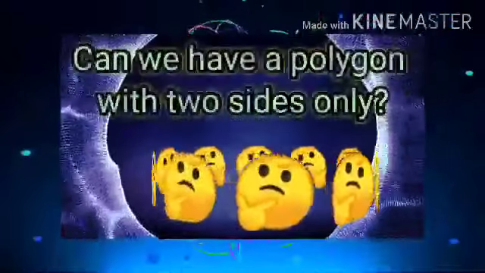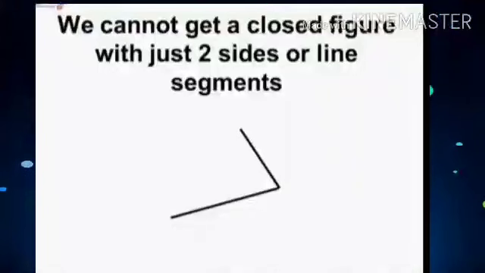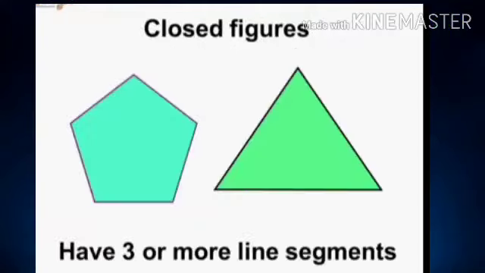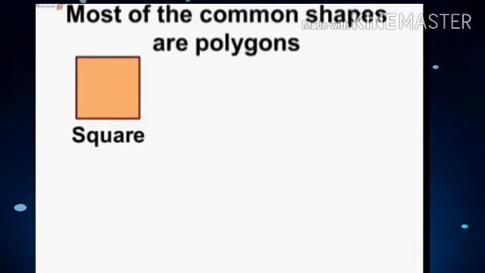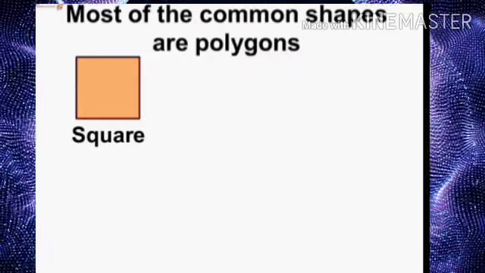Now can we have a polygon with 2 sides only? We cannot get a closed figure with just 2 sides or line segments. So it is not possible to have a polygon with 2 sides. Now look at these two figures. One is a pentagon and another is a triangle. Most of the common shapes are polygons.